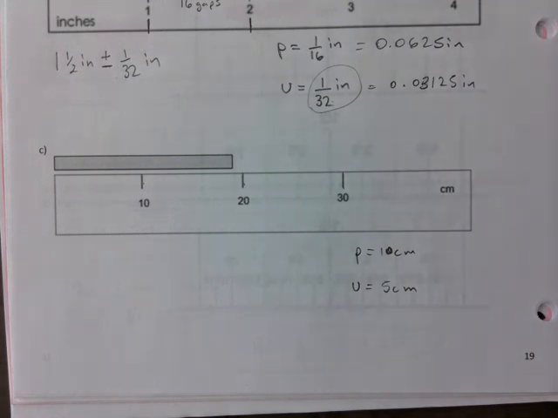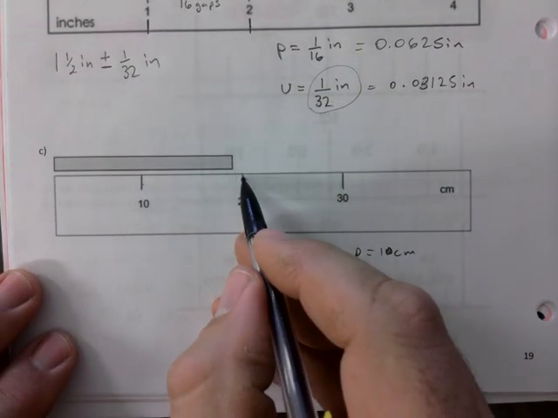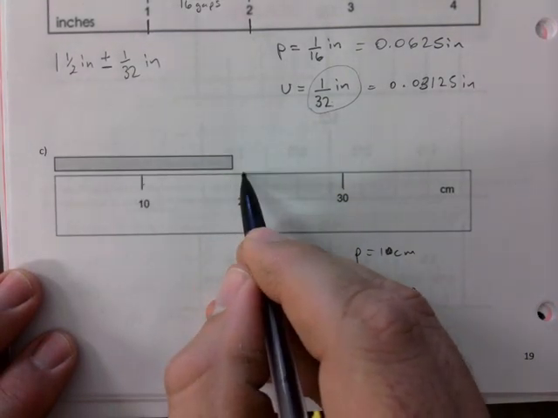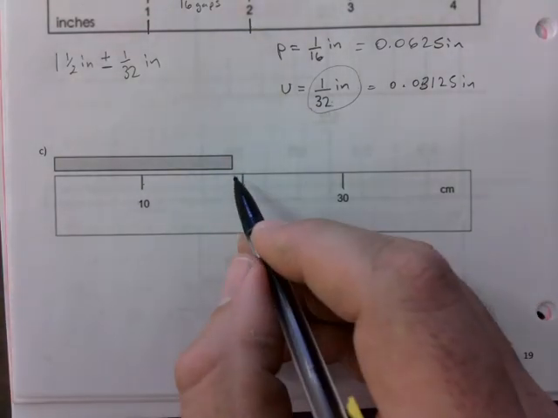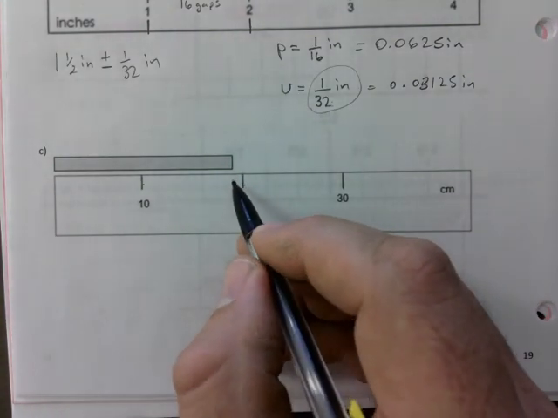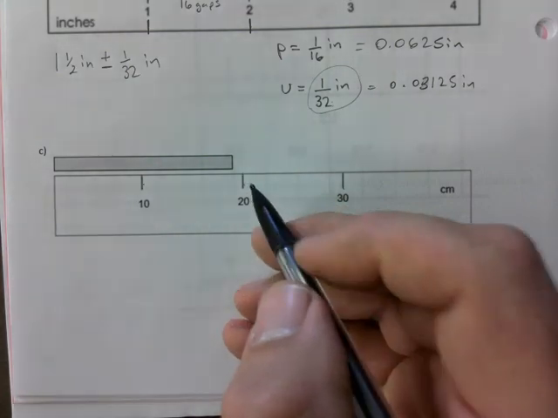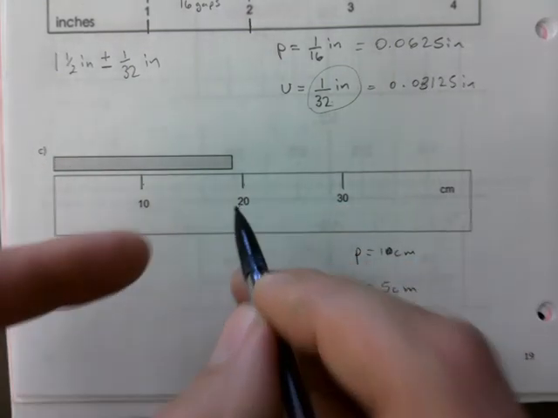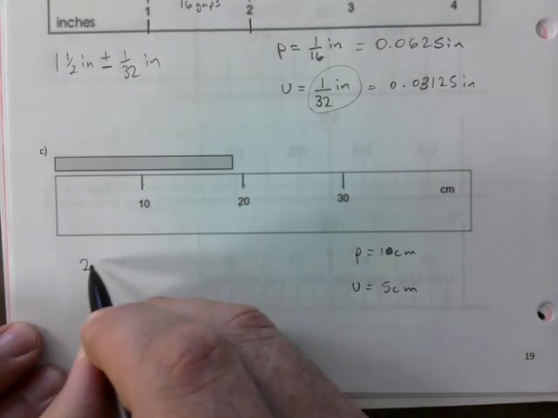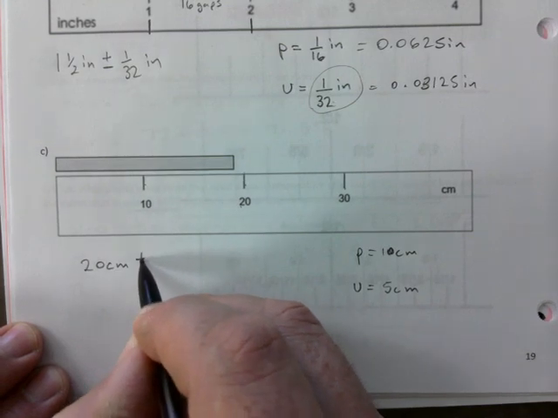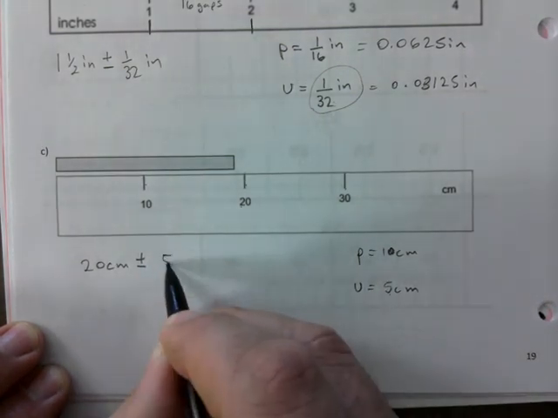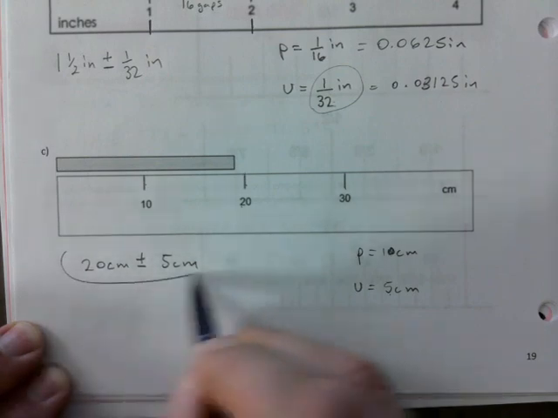Now let's go ahead and measure. Which one is this closer to? 20. I know you're going to say, no, Mr. Dirksen, I know this is about 18. Don't go there. Just go with your device. This device would have to say 20 plus or minus 5 centimeters. That's what it is.